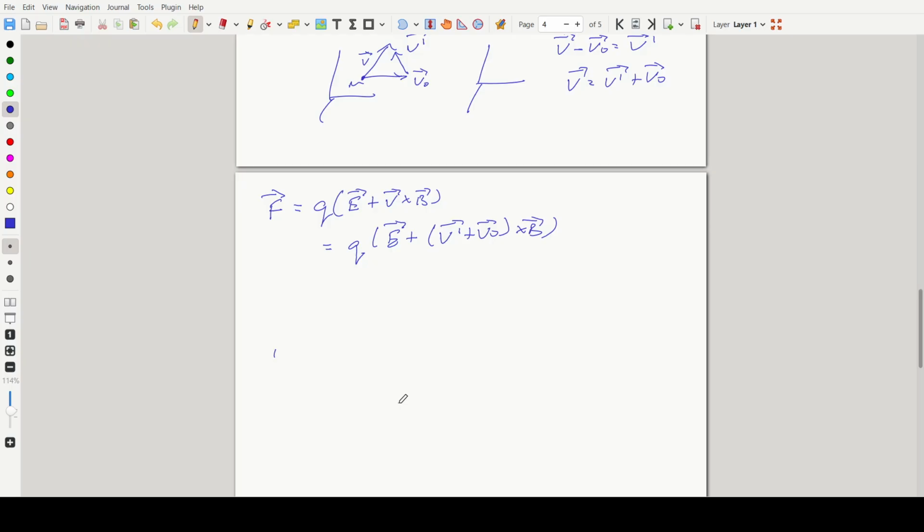And now let me write the Lorentz force vector in the moving frame.